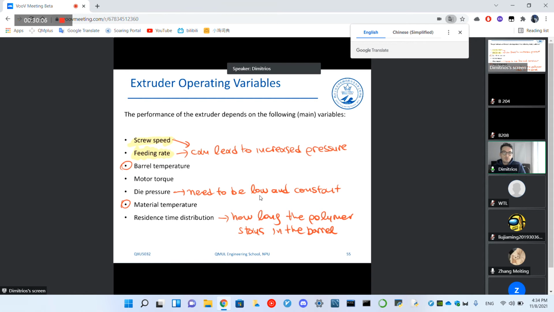We control the screw design, we control the feeding rate, we control also the screw speed, okay? So in order to control that, we control screw design, screw speed, and feeding rate.